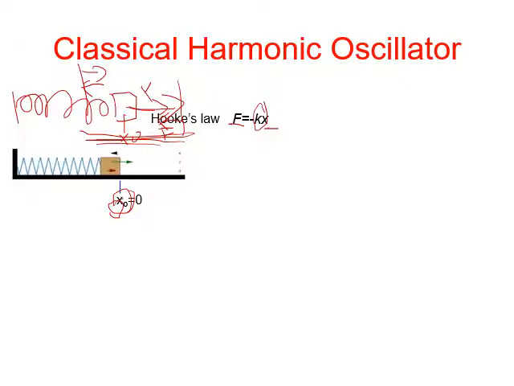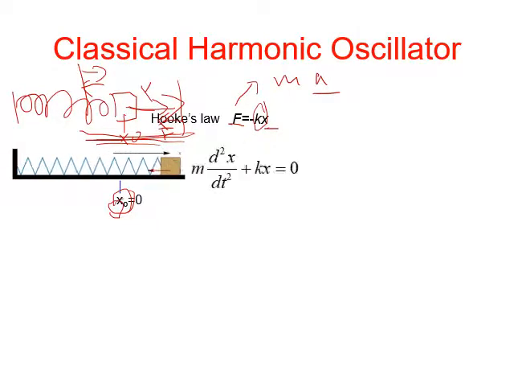According to Newton's law, force equals ma, and a is the second derivative of the displacement over time. So now we have a second order linear differential equation, the same equation we introduced when we solved the Schrödinger equation in the 1D box model.